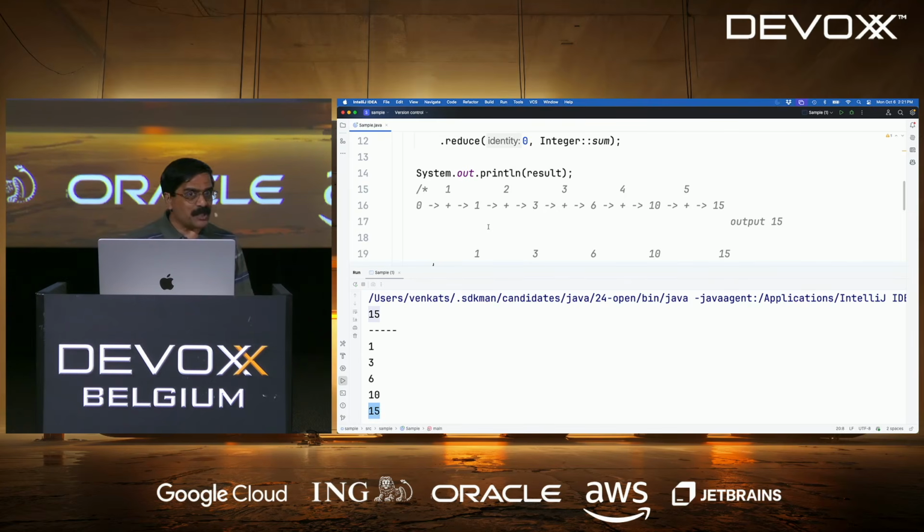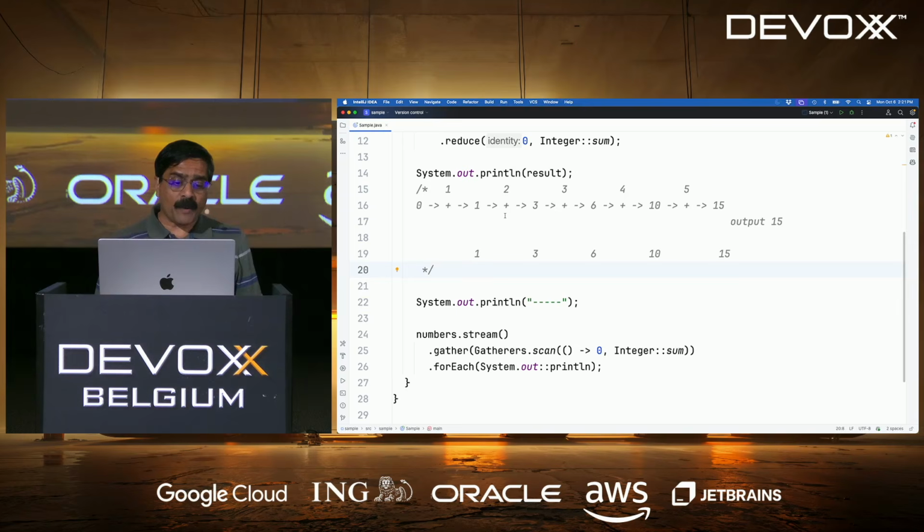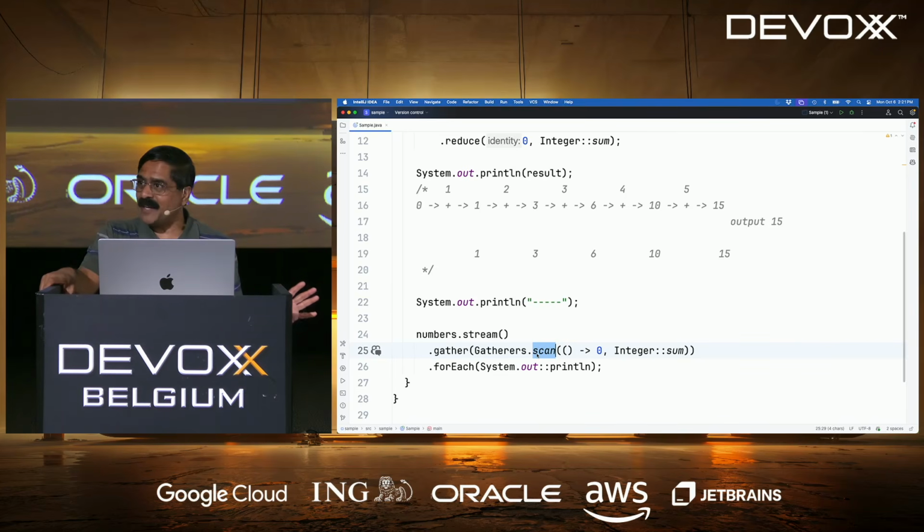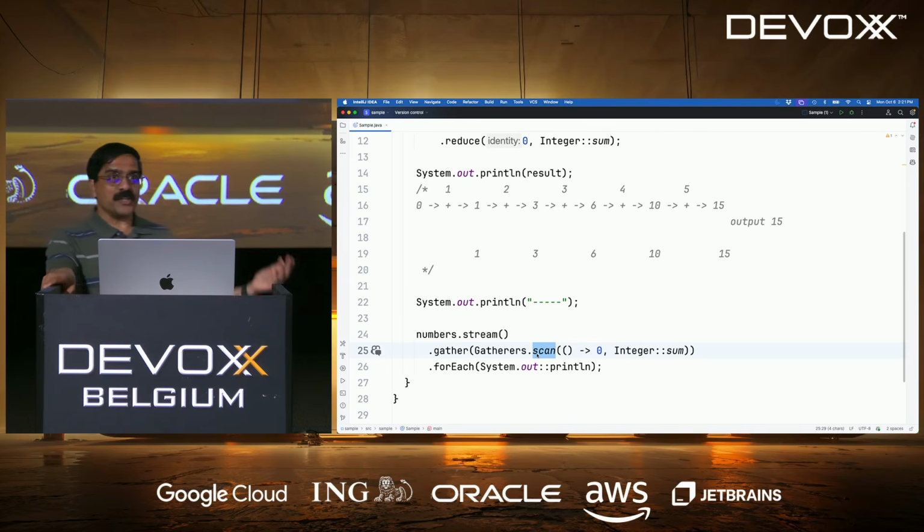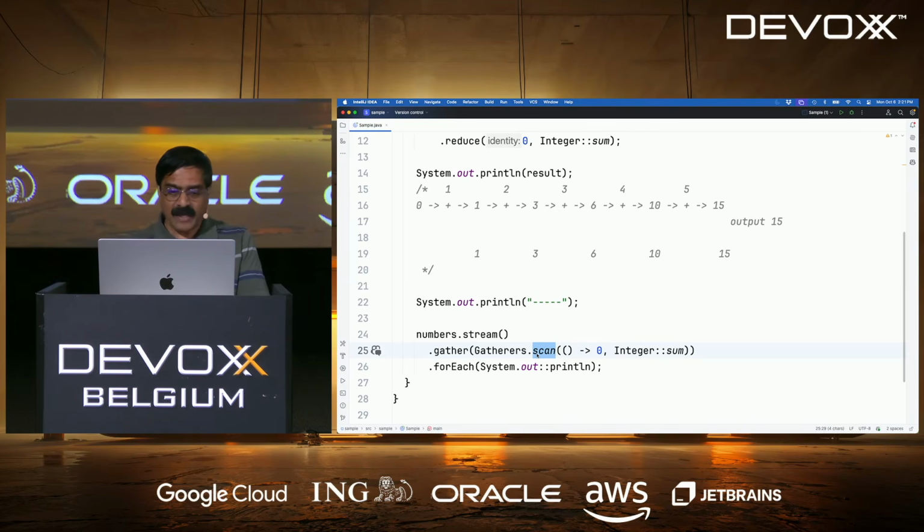So if you have an application where there's a stream of data coming in, and you want to do some processing on the stream of data, but you also want to keep sending out the latest value and the currently computed partial results, this can be really, really helpful to keep emitting that. So scan is a very powerful operation, but thankfully, that's already available to us as a built-in gatherer, so we don't have to implement it. So that is the nice thing, is you can just use the scan operation like so.